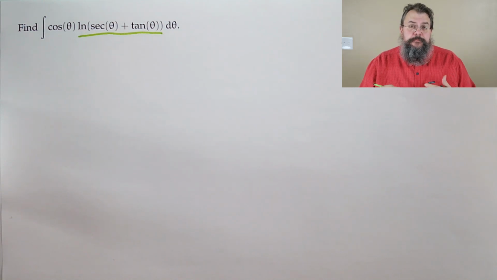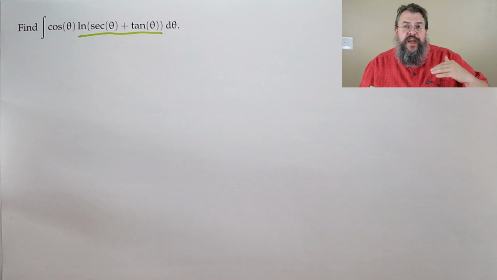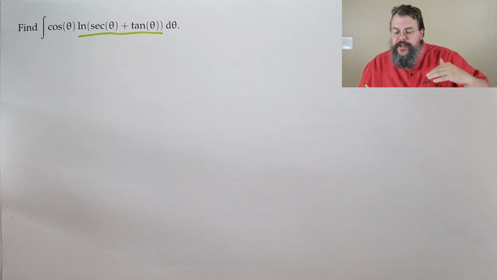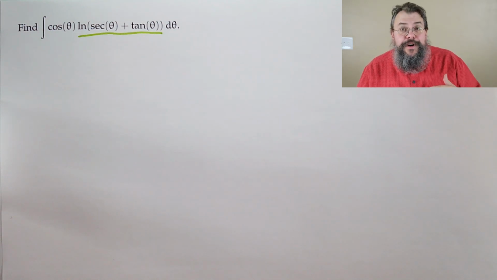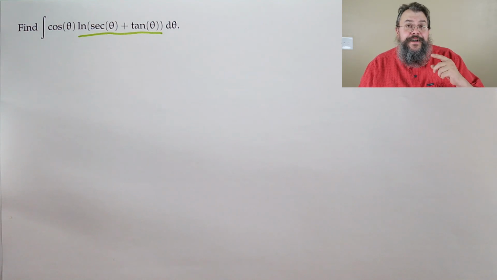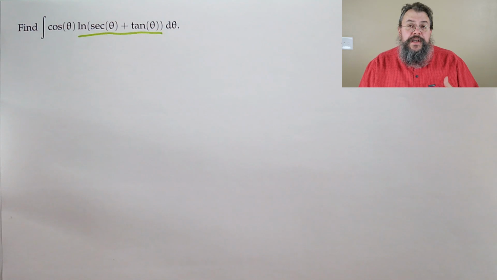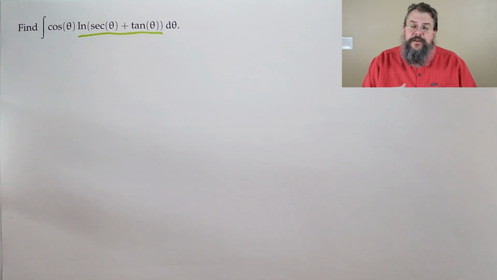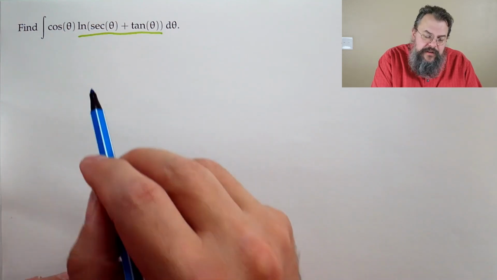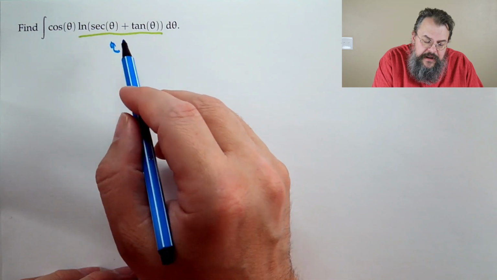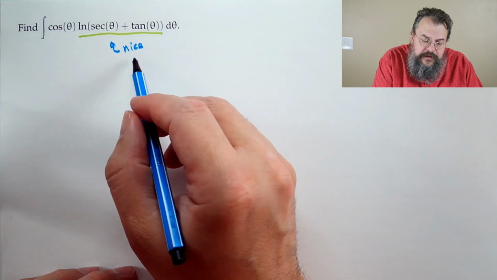In particular, when we go over our table of our 10 functions, which are sort of the most important, log of secant theta plus tangent theta shows up in that table. It's the antiderivative of a really nice function. So in other words, this expression has a nice derivative.